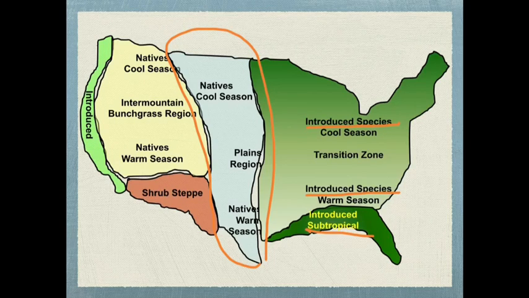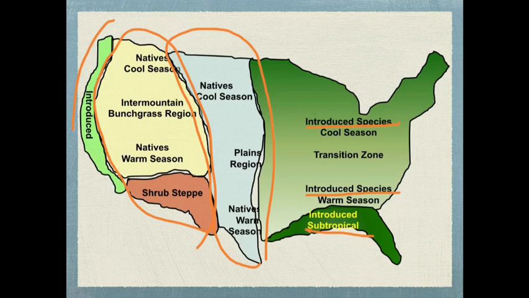You also have the Great Basin and kind of the shrub steppe, this deserty region that's more of an intermountain bunch grass region. Those are native species as well, but a very different type, more of a browse type as opposed to the grass type that we have in the plains.